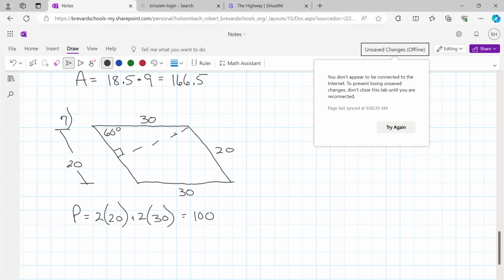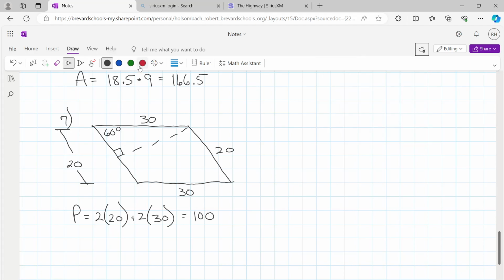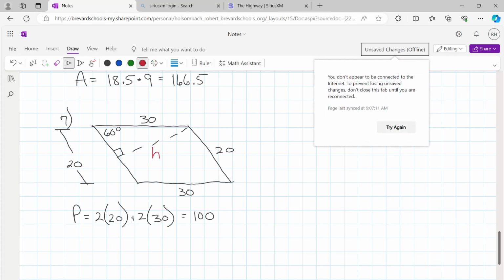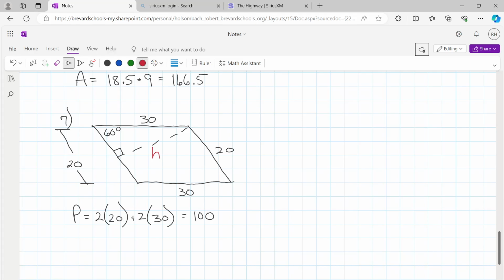Now, this dashed line, again, is our height. Okay? If you get your quiz and you don't like the way that this looks, you can draw this picture and then you can just rotate it 90 degrees counterclockwise. And it'll put this 20 on the bottom, and it'll put this height going vertically like we've been seeing it.